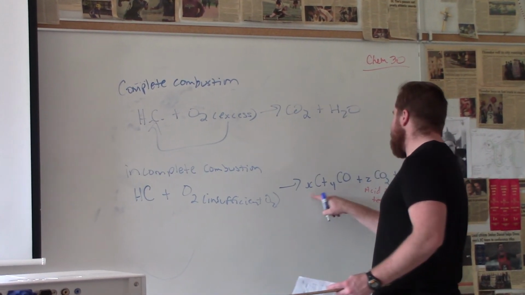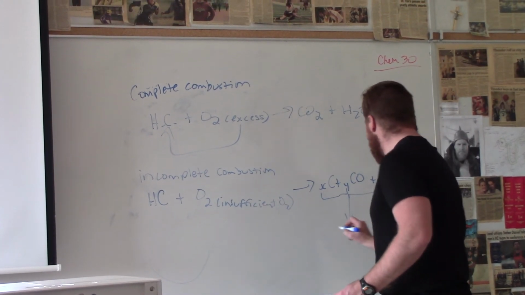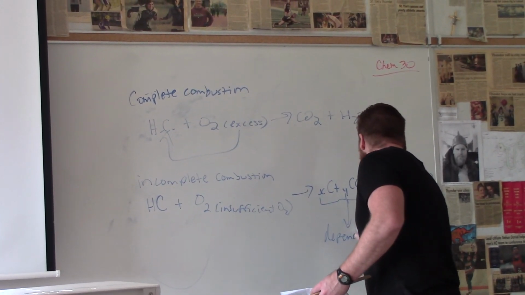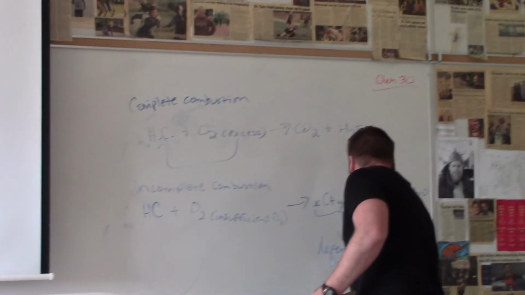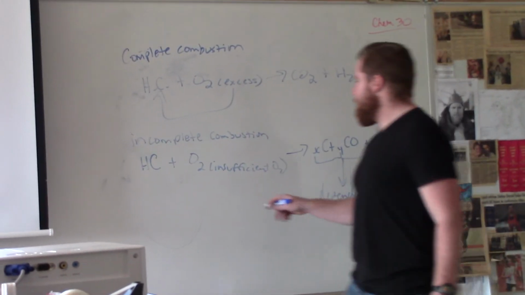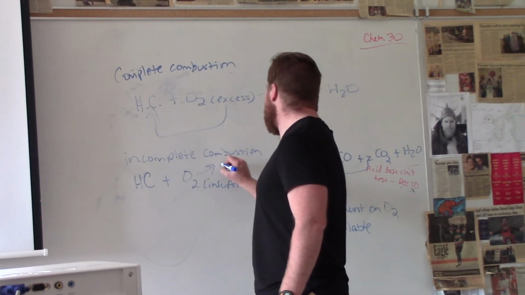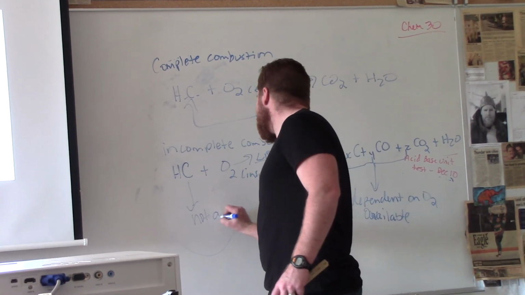And this XYZ stands for the coefficients, and these will be dependent on O2 available. So if we have less O2 available, we'll make proportionately more carbon monoxide and carbon in comparison to CO2. All right? So this is when O2 is a limiting reagent. So not all HC is consumed.